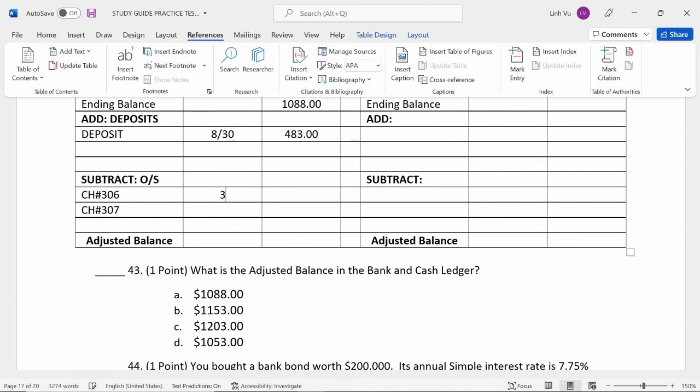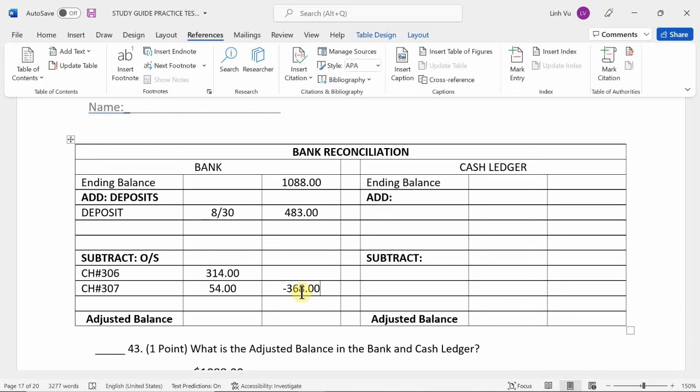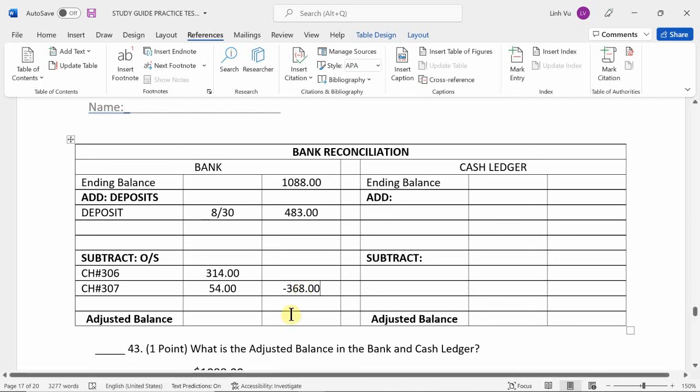So 314 and 54. What is the total amount that I need to subtract? 368. So let's go ahead and figure out this number, okay? You got 1088. You're going to add 483, and then you're going to subtract 368.